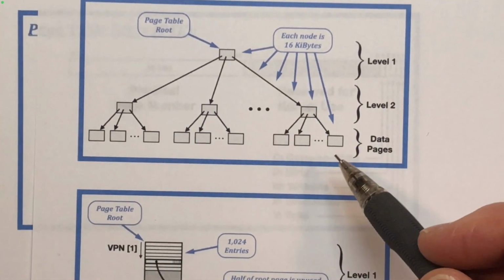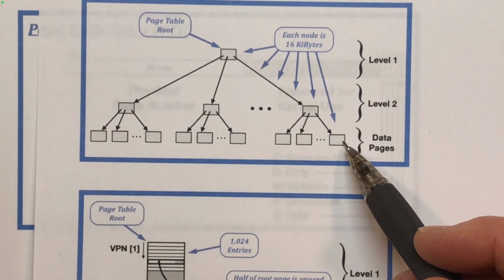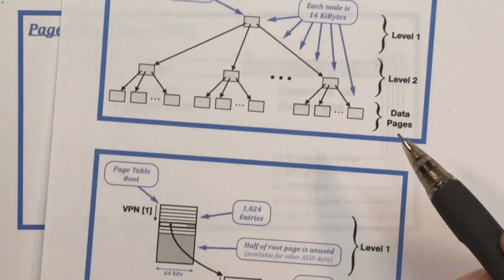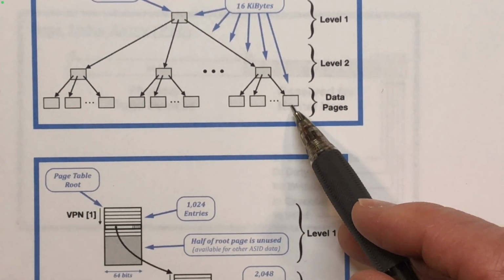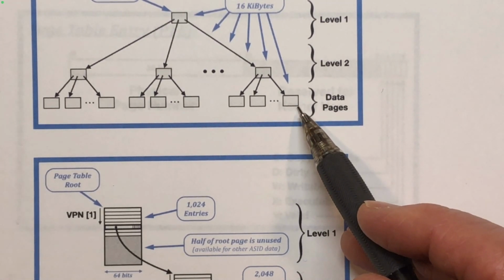And that will all happen in hardware. That walk will happen in hardware. So the instruction is not aware that it is getting mapped from the virtual address into a physical address somewhere in that 16 terabyte physical address space.